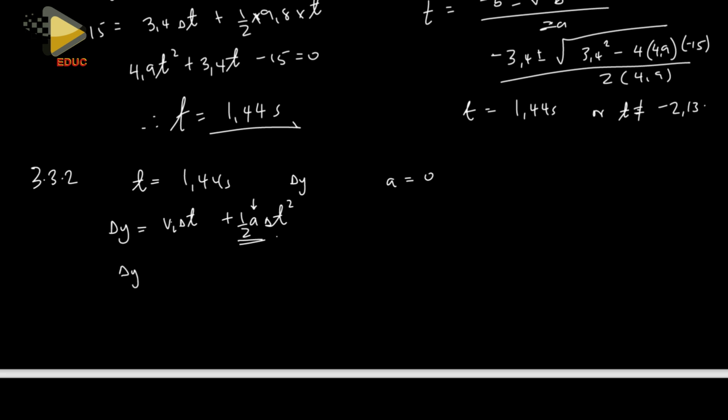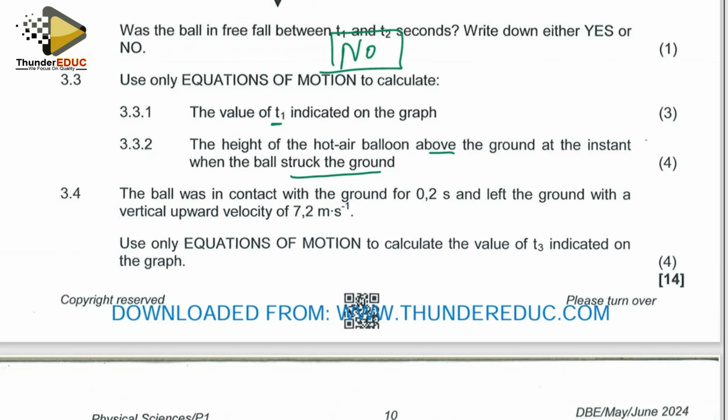So we're looking for change in y, which will be the 3,4 multiplied by the 1,44 plus 0. So 3,4 multiplied by 1,44 gives me 4,896. Let me just write everything there. 4,896 meters.